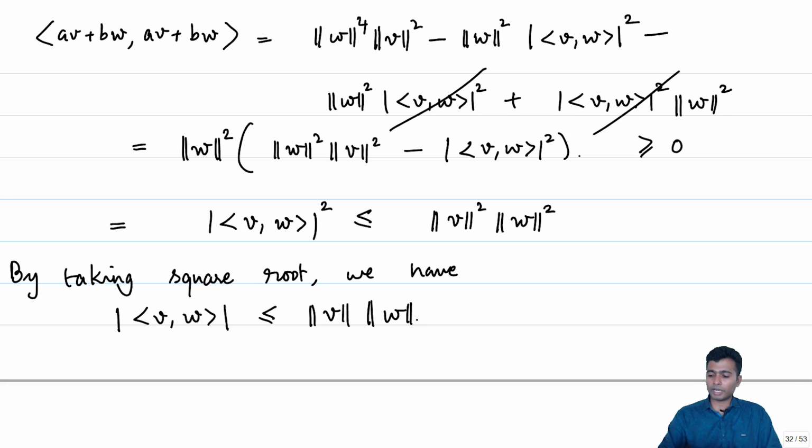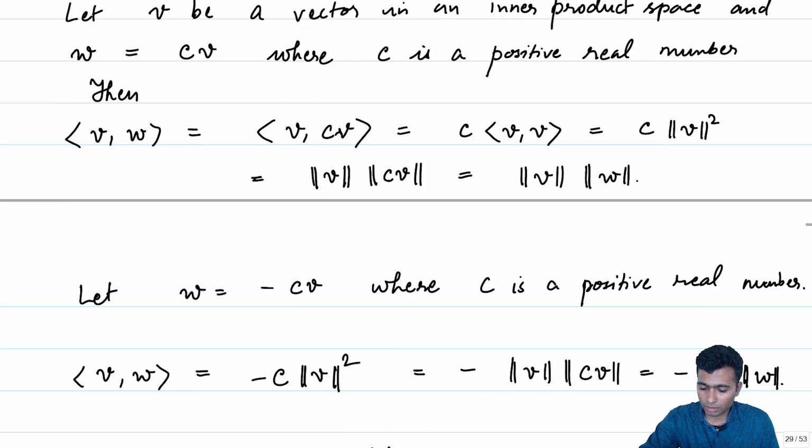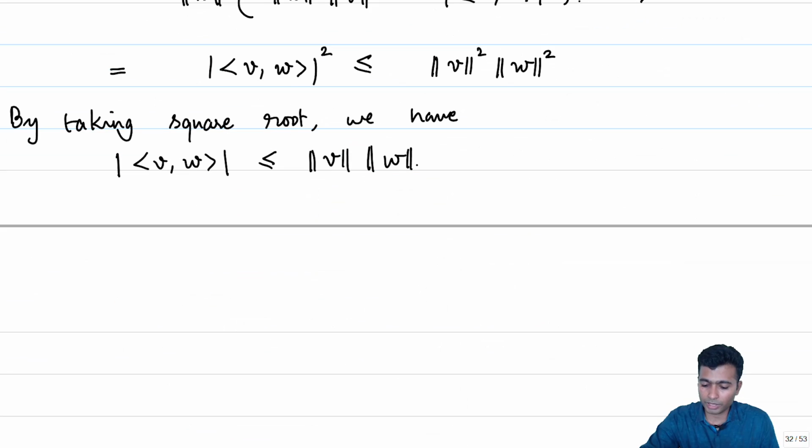If we look at W to be a positive scalar multiple of V, then this will be equal to the length of V times length of W. If it is a negative multiple of V, then it's going to be minus the length of V times length of W, and every other case will be between that.